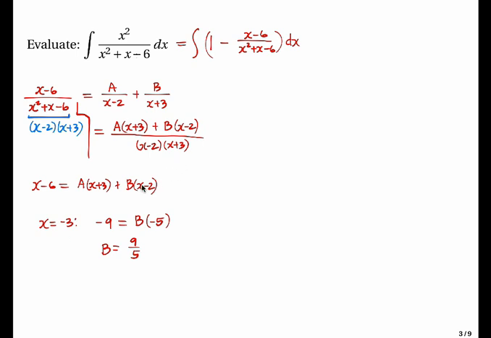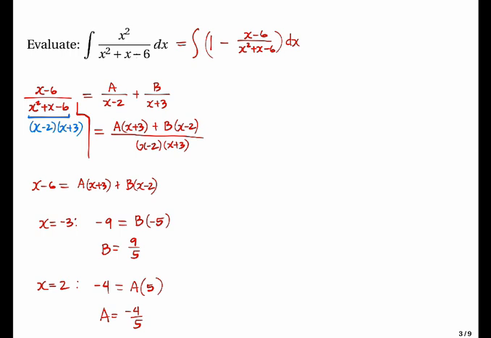Now, if we let x = 2, this term here will disappear, and we will be able to solve for A. So when x = 2, we have 2 - 6 on the left-hand side, that's -4. On the right-hand side, we have A times (2 + 3), which is 5, which means that A = -4/5.